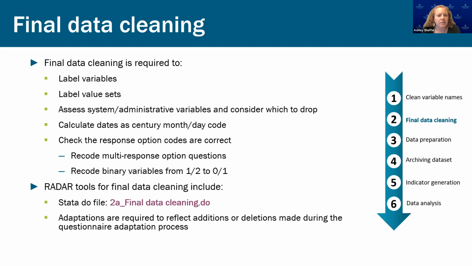We're going to calculate dates as century, month, day codes, checking that the response options are correct. We have some multi-response option questions that we're going to want to recode. We have binary yes/no variables that have generally been coded as 1 yes, 2 no, that we want to recode as 0 no, 1 yes. All of these steps are part of our final data cleaning procedures, part A.